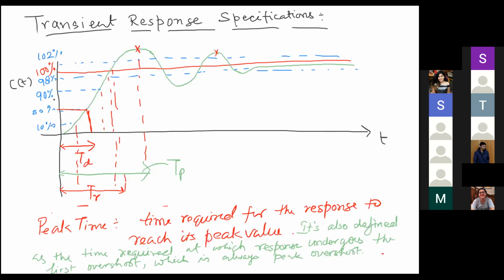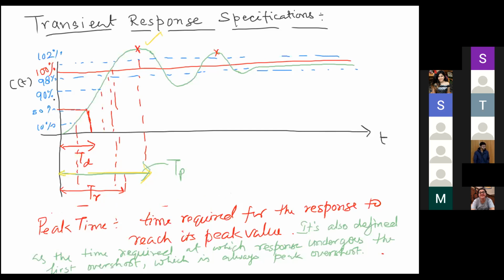So we cannot take this time as a peak time because its definition states that we have to take the first overshoot time. So this time cannot be taken as a peak time. Peak time corresponds to the first overshoot, and the first overshoot that we are going to obtain is this one. So this is the peak time.